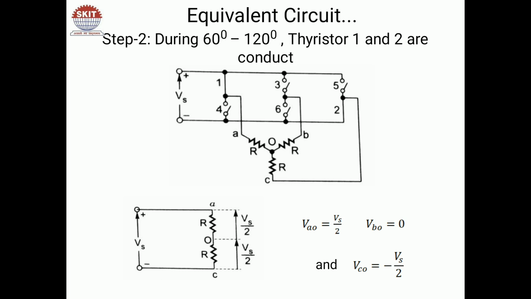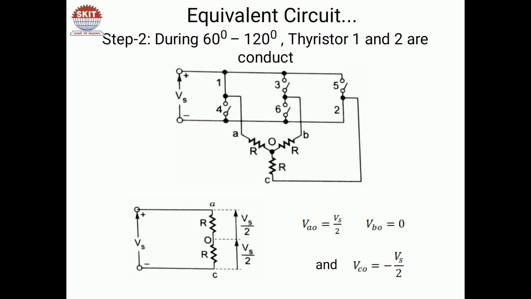So this is step 2, from 60 degree to 120 degree. In this duration, SCR1 and SCR T2 will conduct. So this is the equivalent circuit diagram for step 2.